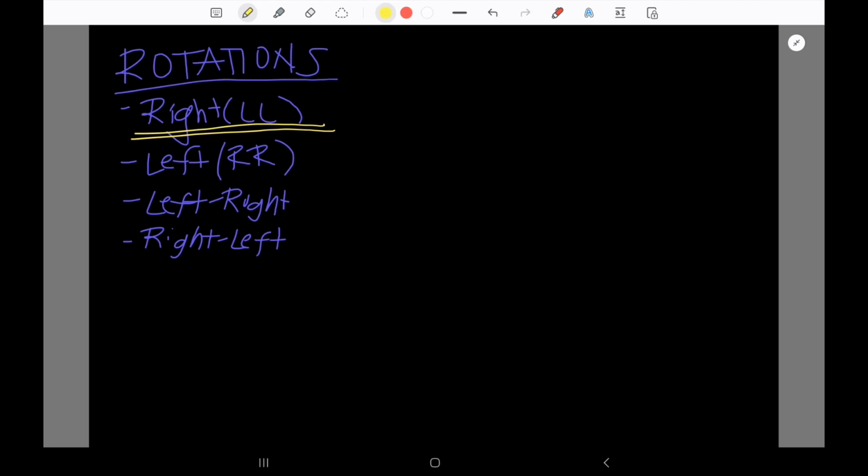So in left, it means we have an example of here, a node and a node here and a node here.